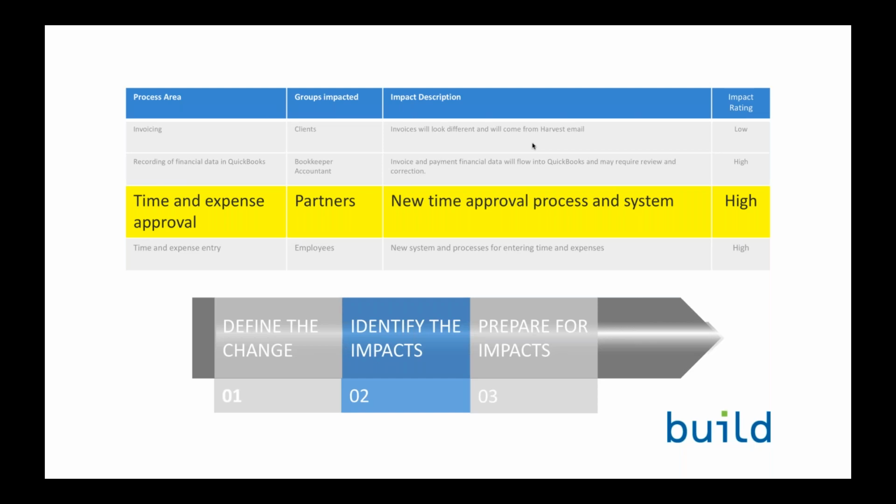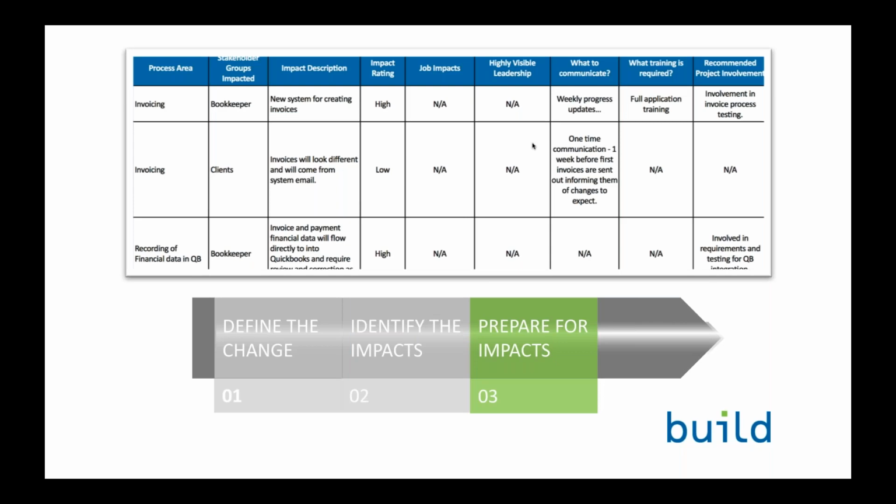So it's a new process and it's a new policy. So it's important that we not only think about, well, they have to know how to do it, but we also need to set a policy and a process that says when time approval is going to happen, what the expectations are for how they evaluate employee time, et cetera. So it has a business impact beyond just the system changing.